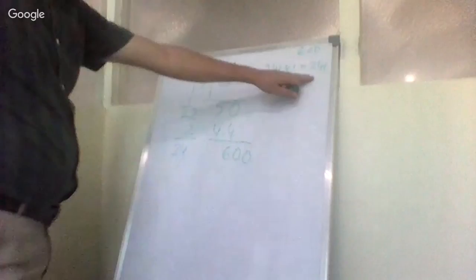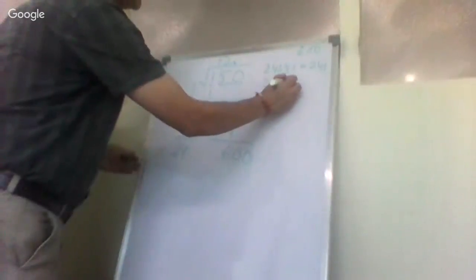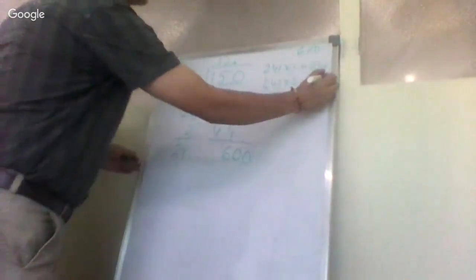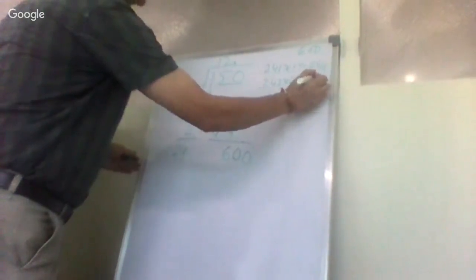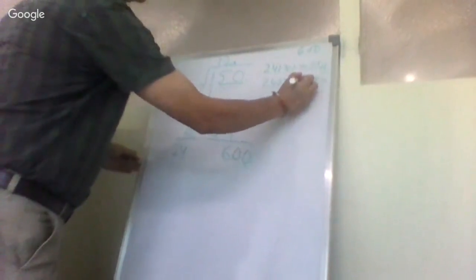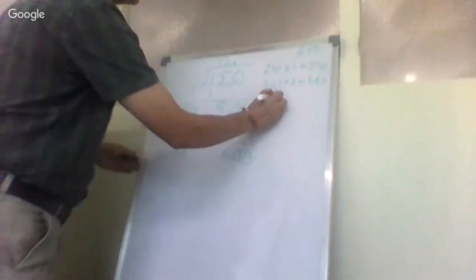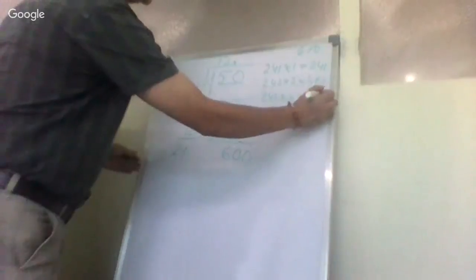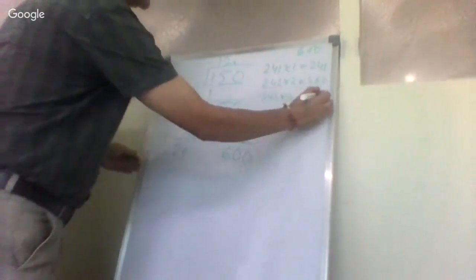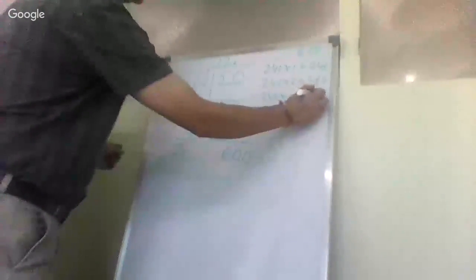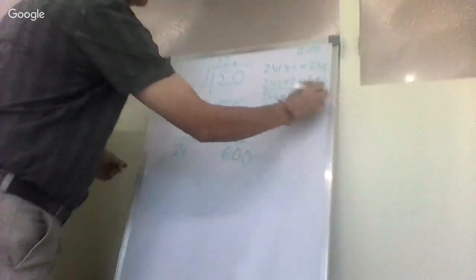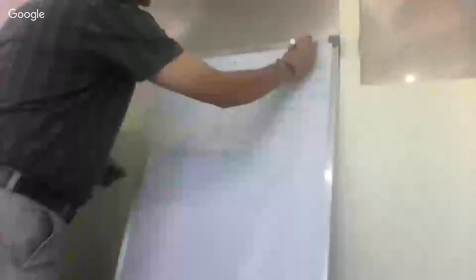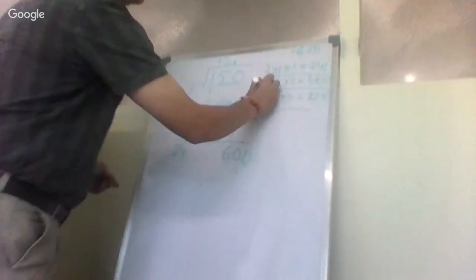Now this 241 is less than 600, so we'll take 242 multiplied with 2. 2, 2 is 4, 2, 4 is 8, 2, 2 is 4, so 484. Again, 243 multiplied with 3 is equal to 729. So this number is greater than 600, so we'll take the previous number.